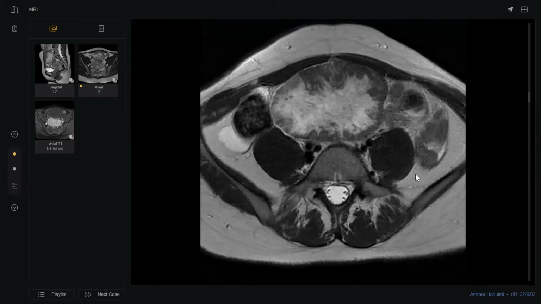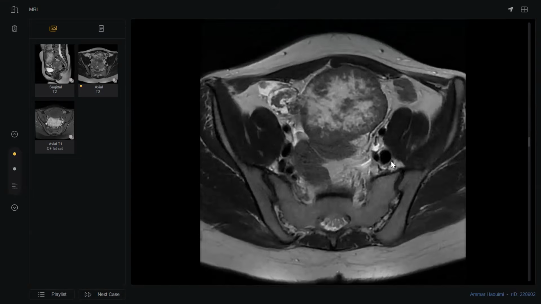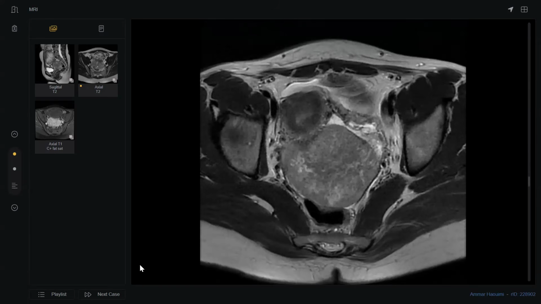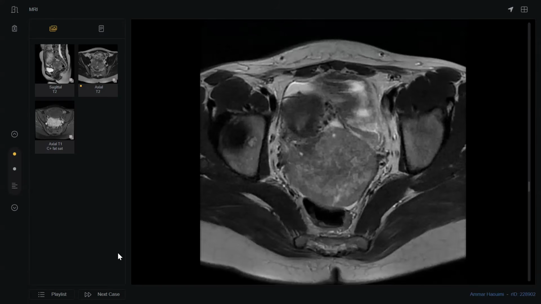These are very well defined, and the largest lesion is extending into the abdomen, and another lesion is seen in the lower pelvis, which is heterogeneous in appearance and predominantly hypointense.